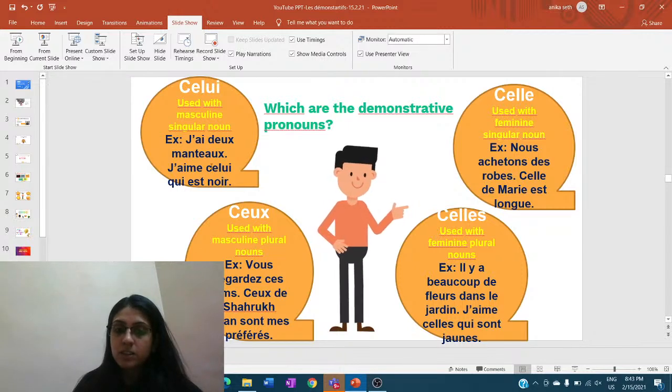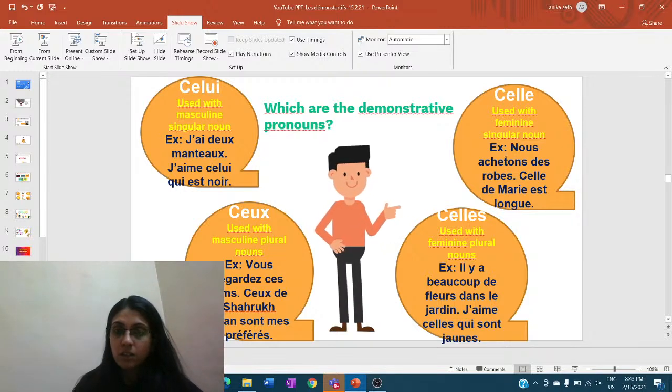And this also we discussed how to identify. First, complete the sentence using the noun, like, j'aime le manteau qui est noir. So when we say j'aime le manteau, we know that we are replacing a masculine singular noun manteau with the demonstrative pronoun celui. So j'aime celui qui est noir.